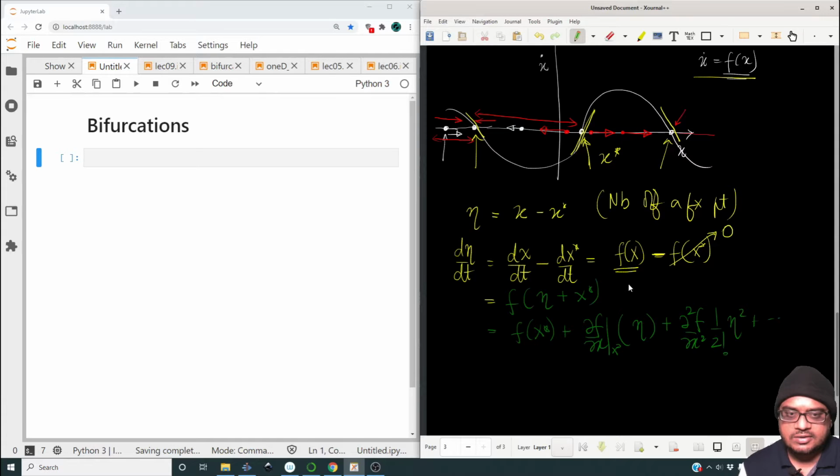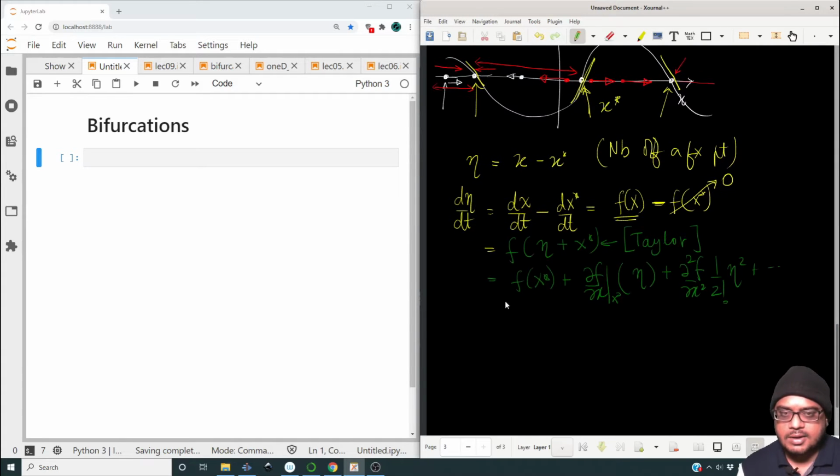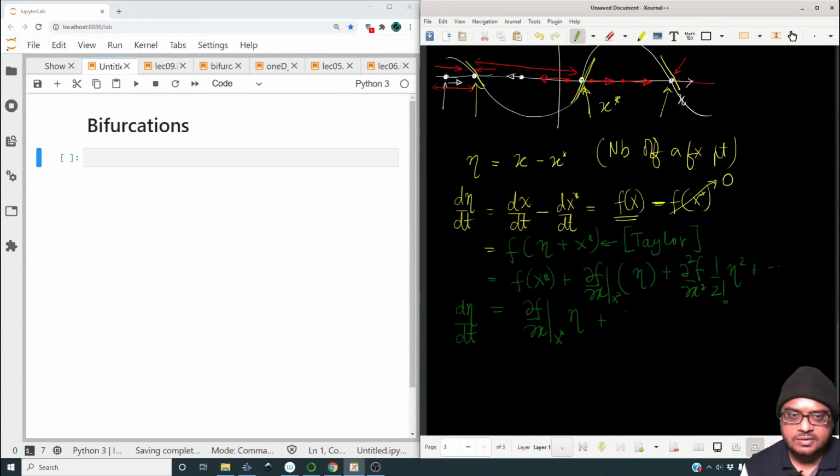So this is just a Taylor series expansion, and at the fixed point f of x star is 0. So this boils down to del f del x at x star times eta. So d eta dt is del f del x at x star times eta plus order eta square terms. These are all higher order terms.